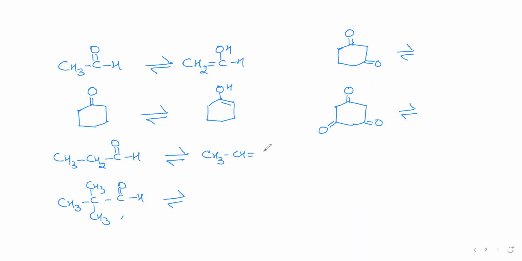Okay. This won't show any tautomerism. No enol form for this because it doesn't have alpha hydrogen here. Did you get this?